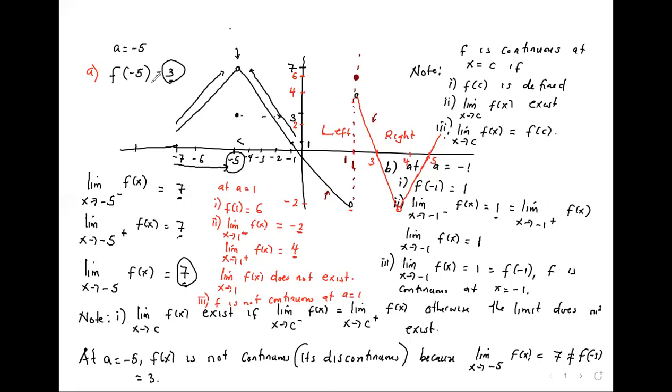Then g at a is equal to 4. So we go back and check the graph. Have you seen that it's open at 4, and there's nowhere else where it looks like it's closed? There's nothing like as Y goes to 2.